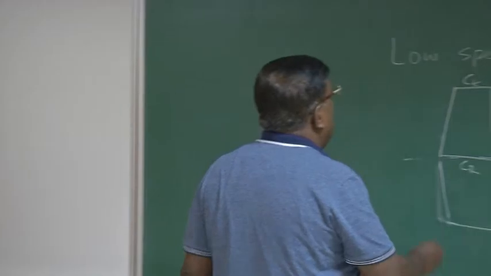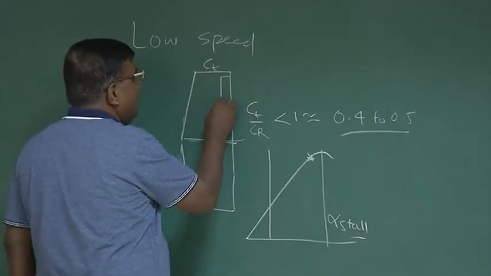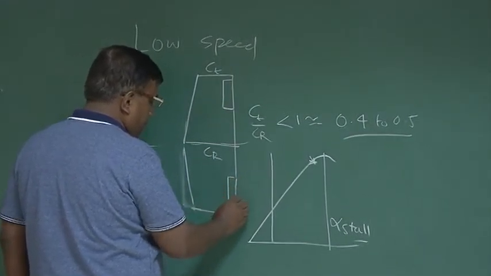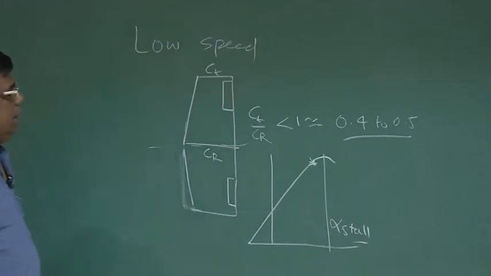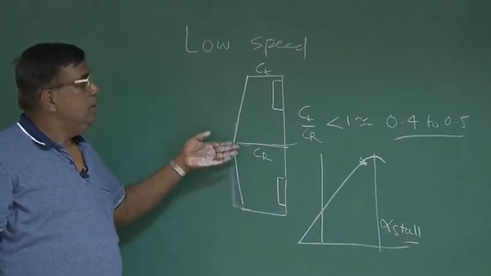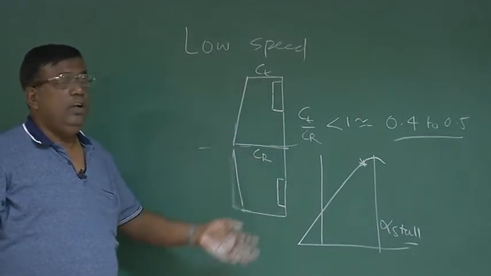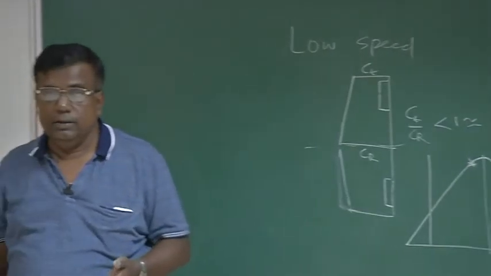Suppose the airplane has gone into a stall, and you know this is the elevator. What will happen? If the airplane goes into a stall, then the elevator will not have that much sensitivity. Its effectiveness will reduce. So if the airplane goes into a roll or a yaw or a combination of that, a spin, the elevator will not be effective enough to bring it back.